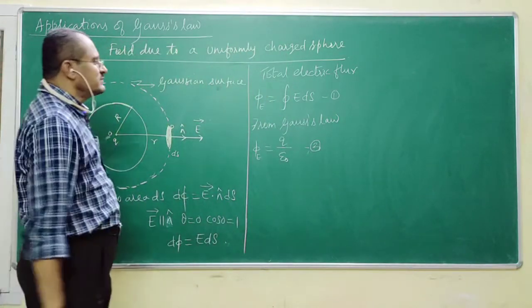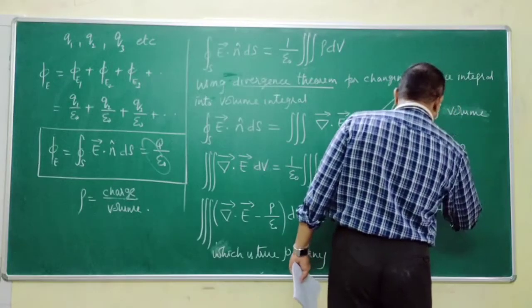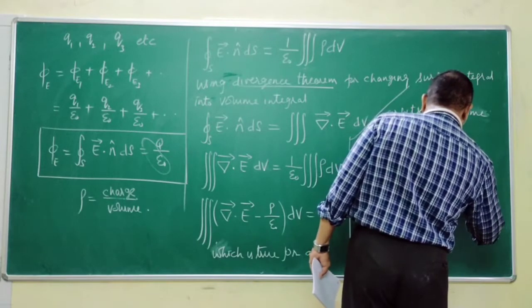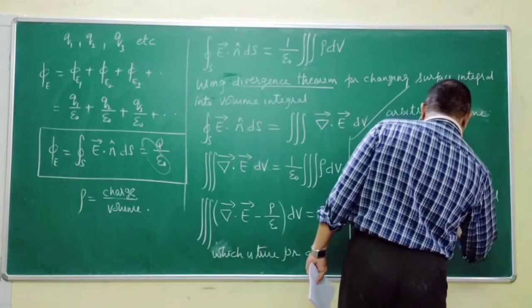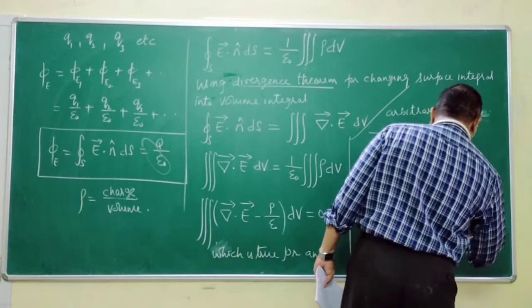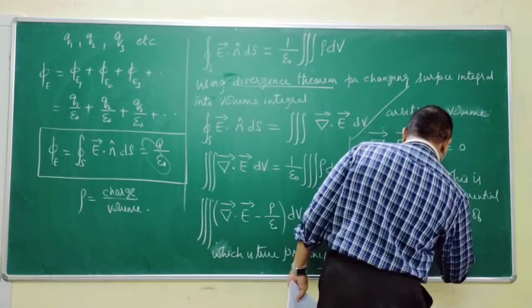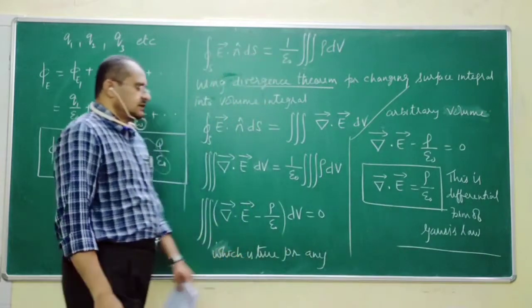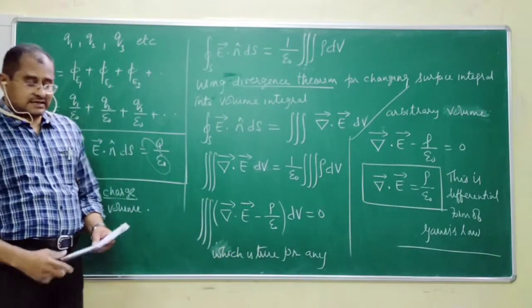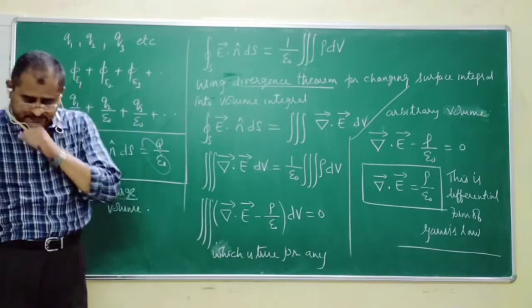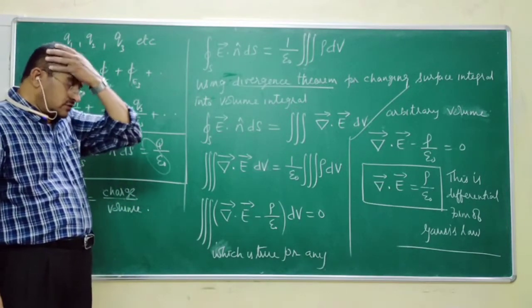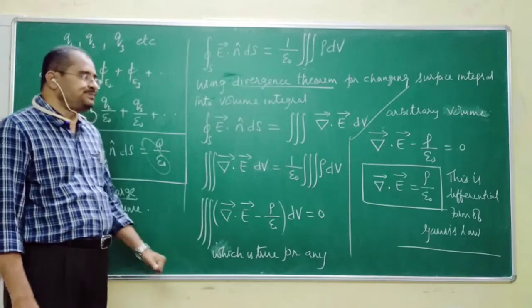Or I can even simplify this. This is the differential form of Gauss's law. Previously, I have used this expression, del vector dot E vector is equal to rho by epsilon naught, as Gauss's law.